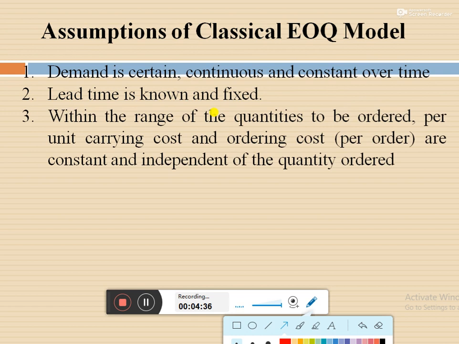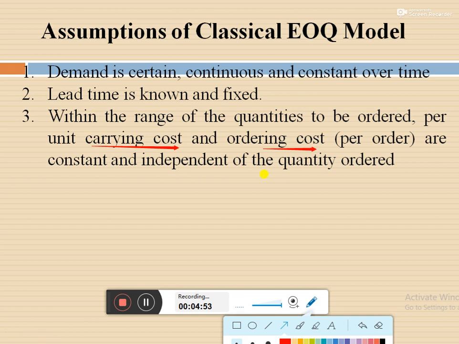The third assumption of this model is that the carrying cost and the ordering cost are constant and independent of the quantity ordered.